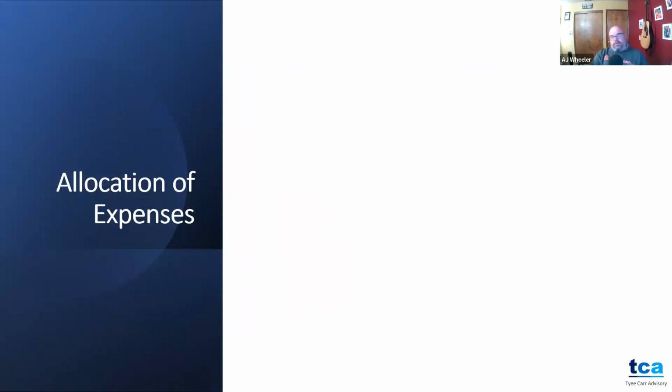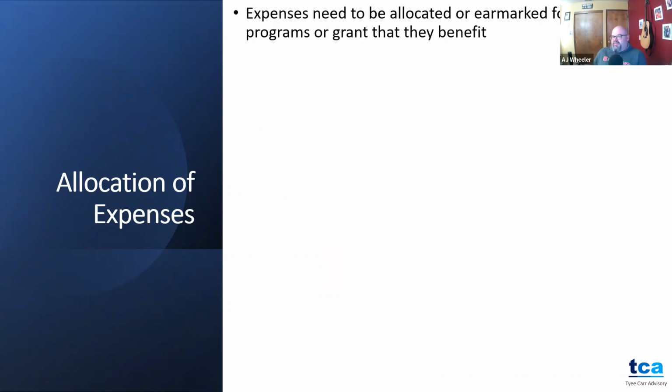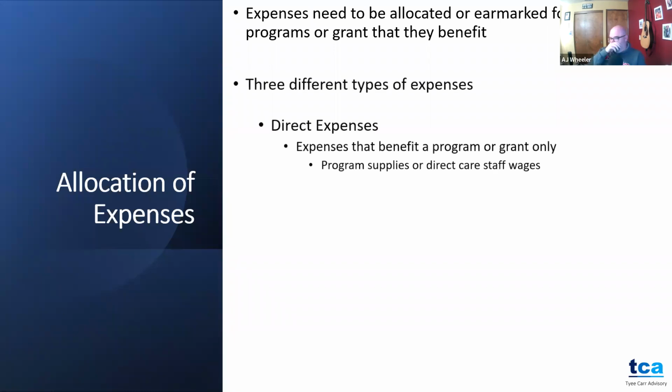So actually, it's a good segue into how to allocate expenses and what that actually means. Expenses need to be broken apart for the programs or grants that they may benefit. There are three different types of expenses. There's a direct expense, and that's when an expense is only benefiting one program or grant.